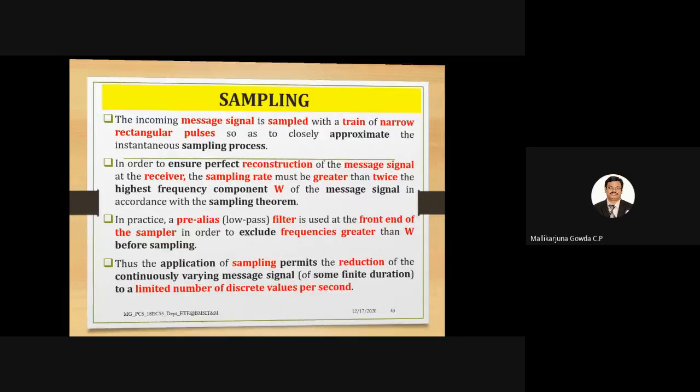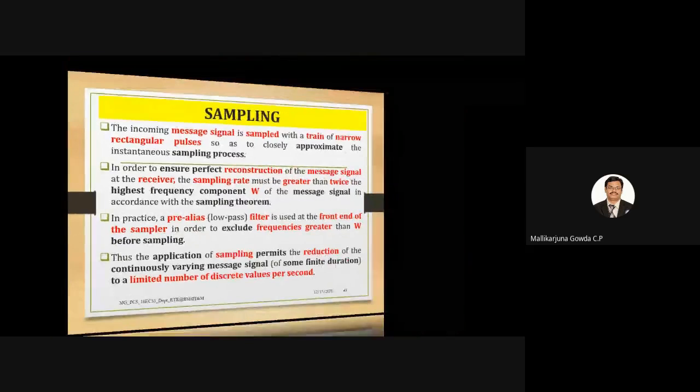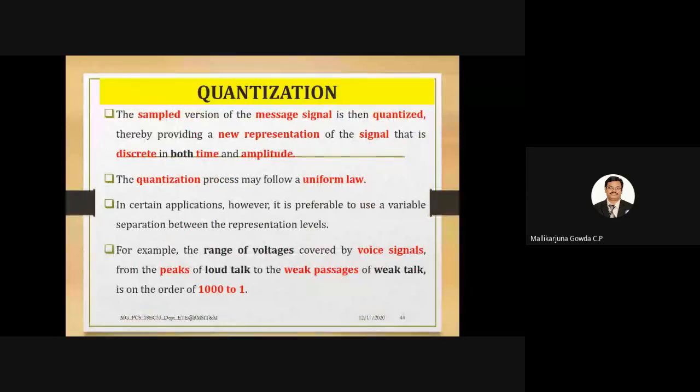And this I already discussed, about sampling. Yes, I was telling about quantization. Here I said for voice, we use non-uniform quantizer because our voice voltage range varies: we talk sometimes loudly and sometimes with low pitch. So that variation will be in the order of 1000 to 1.